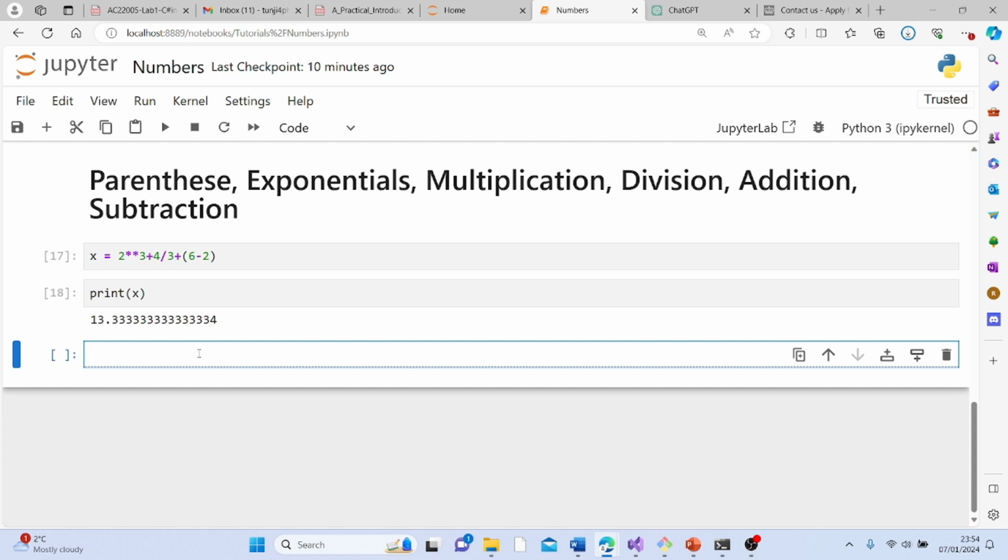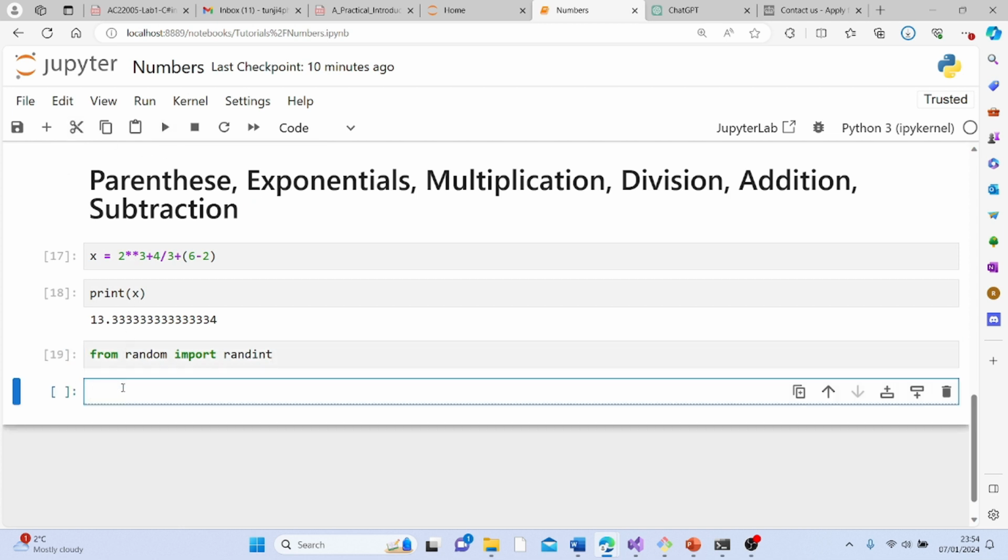For example, we can say from random import randint. We can import that, and this gives us a random integer.